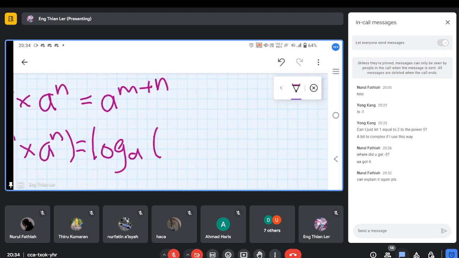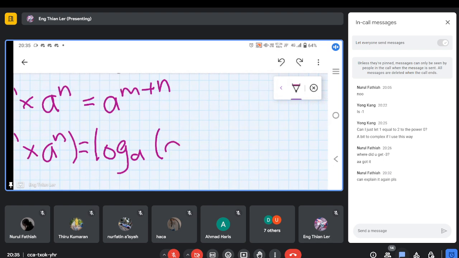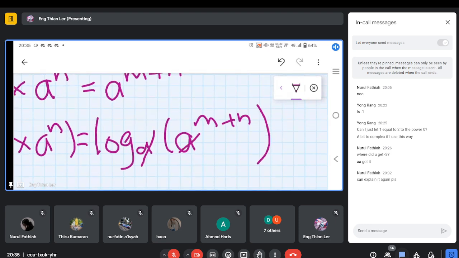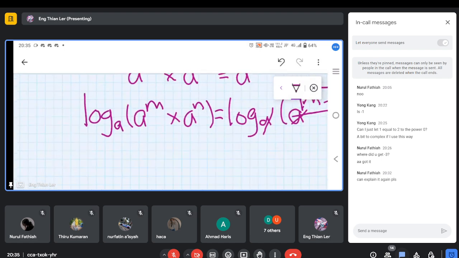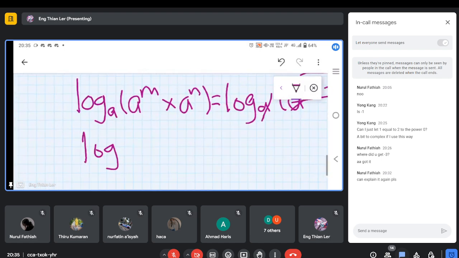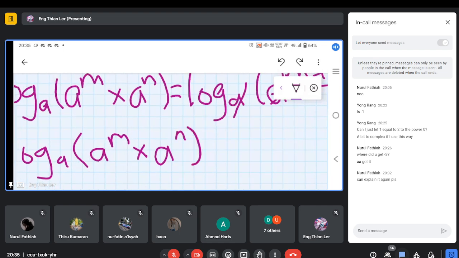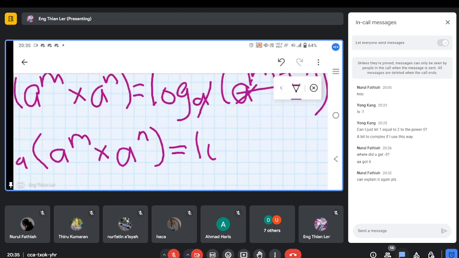But look at this, m plus n is equal to a to the power m plus n. It's the same base, so we just cancel each other, we get m plus n. So we will write that on the next line: log a of a to the power m times a to the power n equals m plus n.